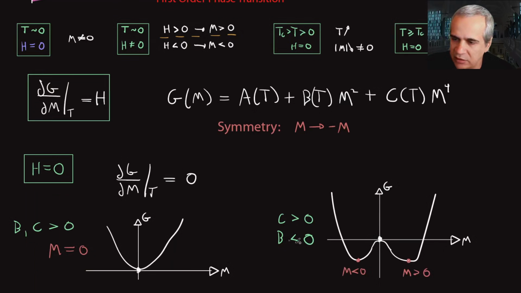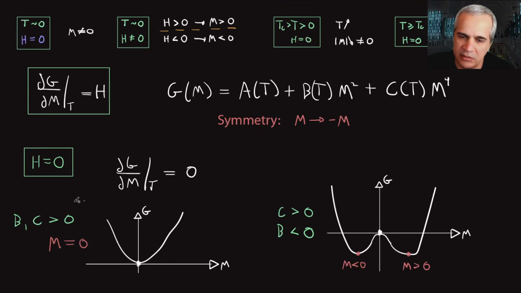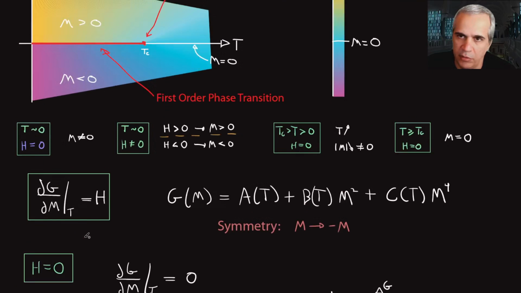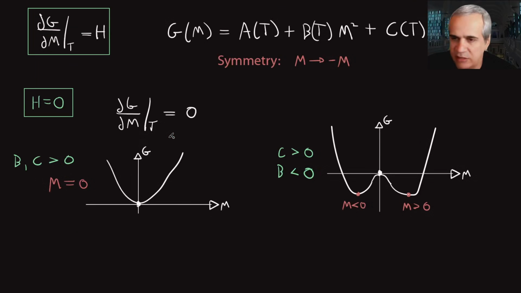So I want this to be true on this side, and this second situation to be true on this side of the critical temperature. The easy way of modeling this is to assume, again for simplicity, and all I need is for these assumptions to be true near the critical point, I'm not going too far away from it, so assume, let me write it like that, that C of t is just constant.